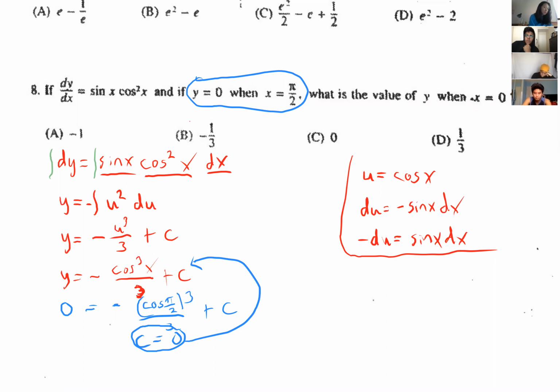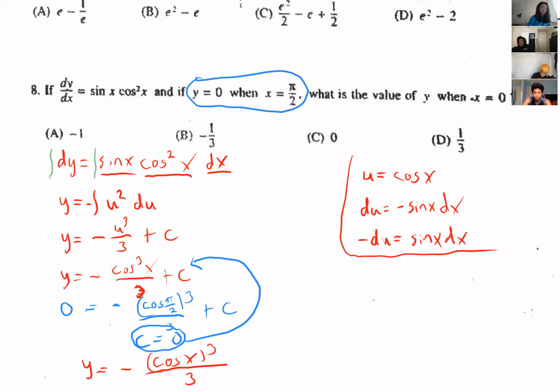What is the value of y when x is 0? Okay, got it. All right, so my equation is going to be y equals negative cosine, I'm going to write it like this, x cubed over 3.